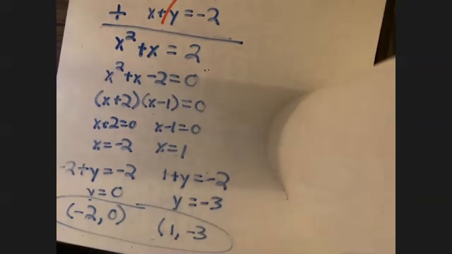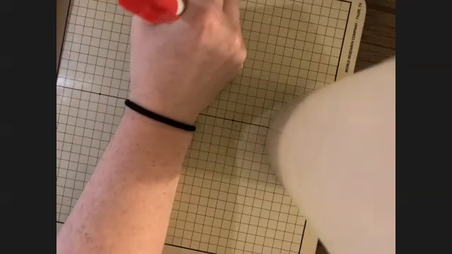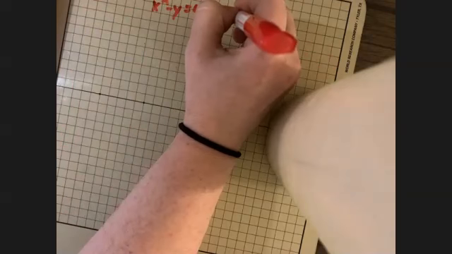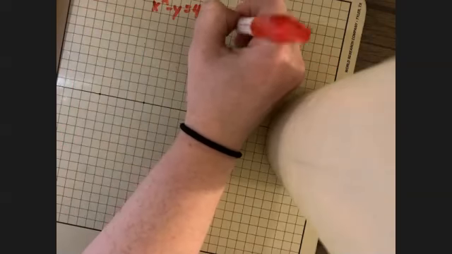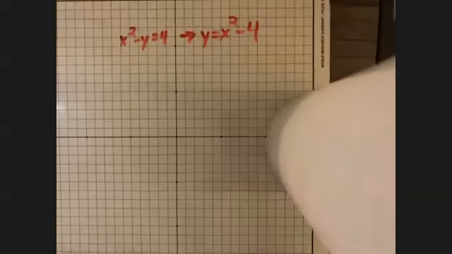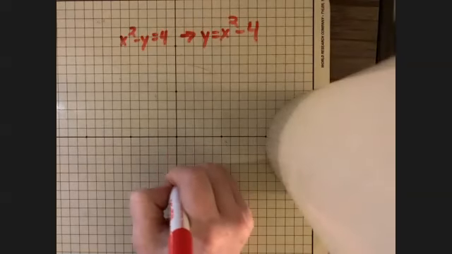Okay, now if we were looking at something graphically for this, I'm going to turn my board over here so I have a lovely grid space. That first equation, which was x squared minus y equals 4, would have translated over to y equals x squared minus 4.